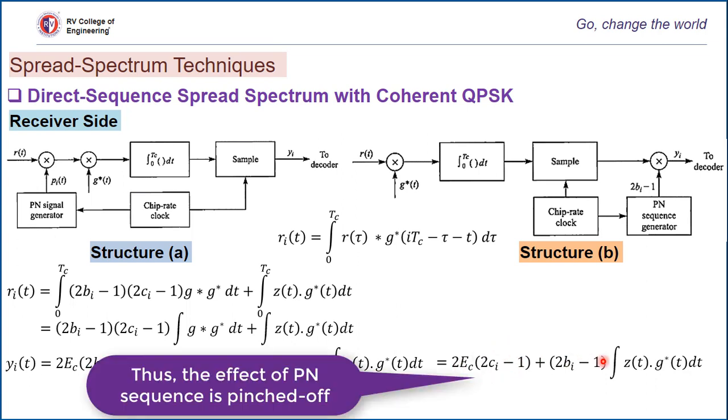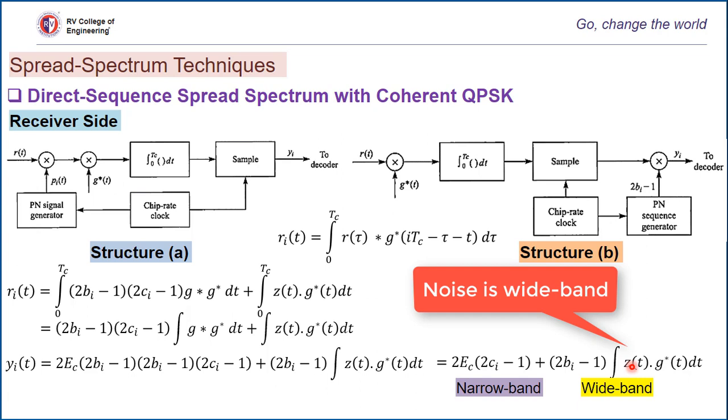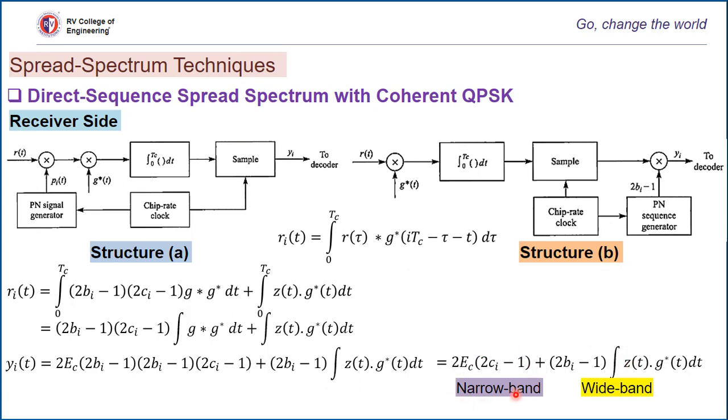The second part, as we know, will be a very wideband signal. The first part is the information signal, which is very narrowband. The second part of this expression is a wideband signal, and hence the narrowband signal, which is our desired information sequence, can easily be obtained by passing it through a simple narrowband filter.